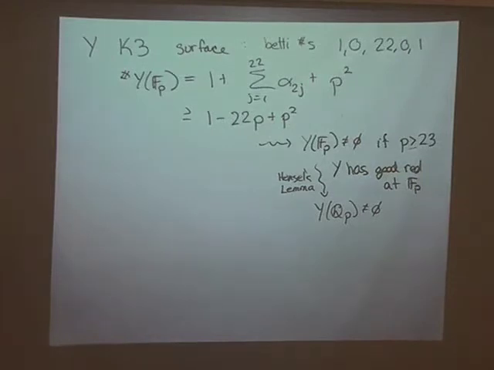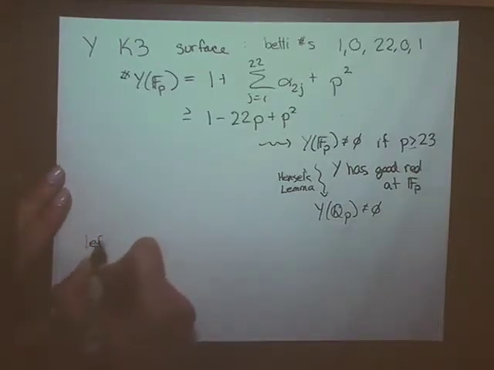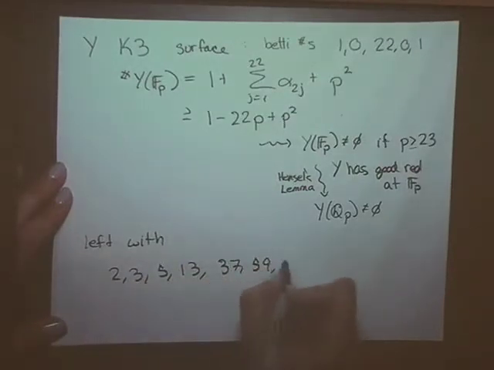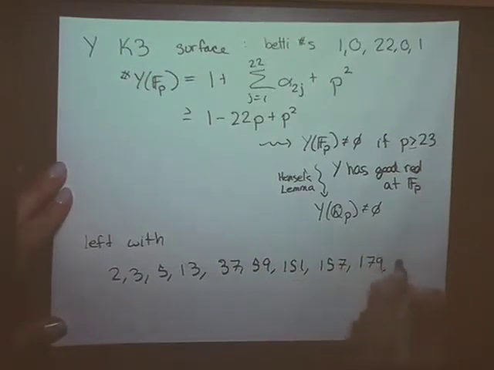So yeah, maybe this is not worth working out, but you're left with these primes of bad reduction: 2, 3, 5, 13, 37, 59, 151, 157, 179, 821, 881, and 1433.